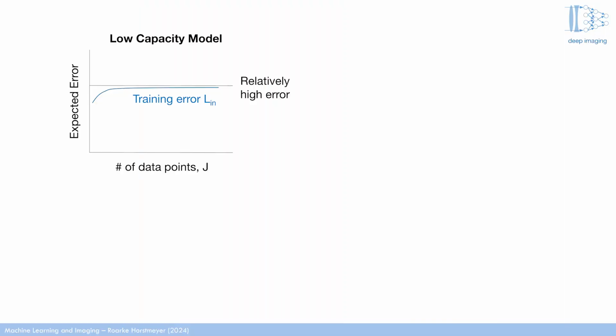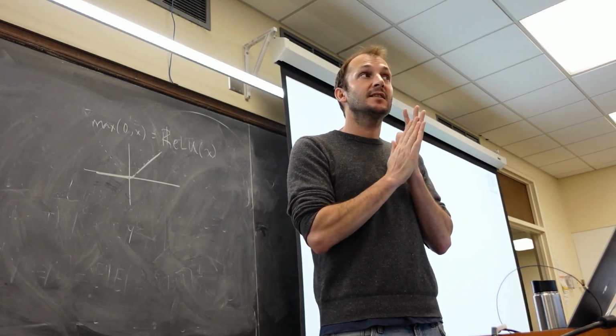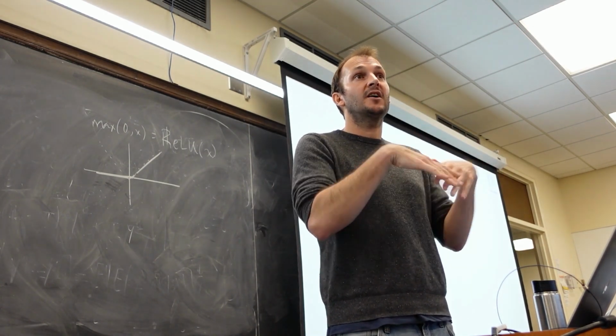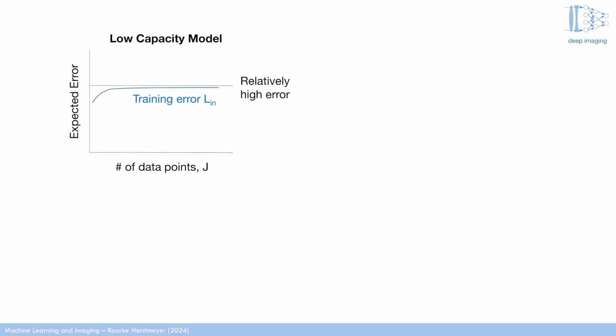Okay, and so these plots are important because they really drive home this message and highlight a couple things that are going to define ever-present sources of errors in your machine learning optimization endeavors. On the first plot, I'm showing a low capacity model. So this is like a linear classifier or slightly more complicated classifier. As you've already seen on your homework, during training, you're left with a relatively high error, right?